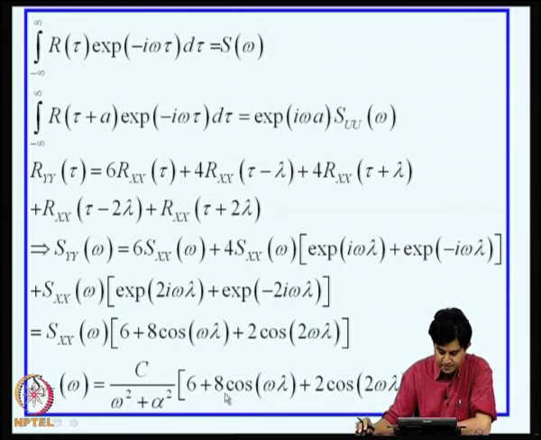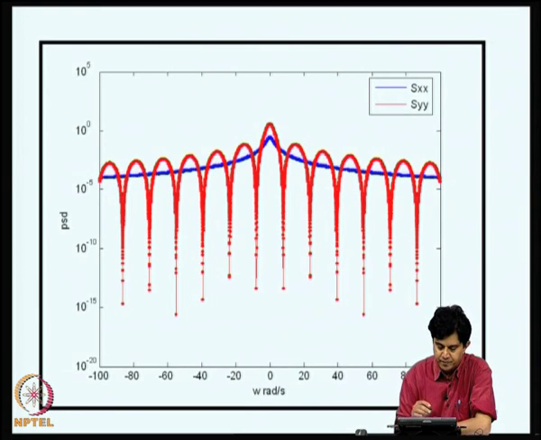A plot of this is shown here. The blue line is the power spectral density function of x of t, and this red line is the power spectral density of y of t.